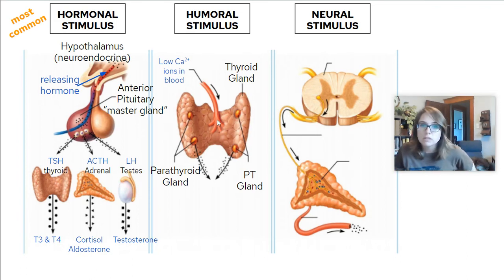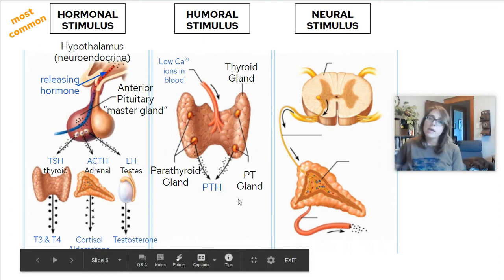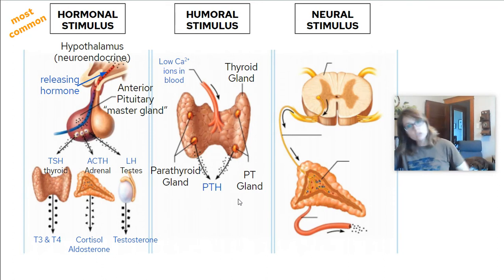So there's blood vessels feeding into these guys. And so as soon as they sense, oh, we have a drop in blood calcium, the parathyroid glands are going to release parathyroid hormone, PTH. And parathyroid hormone is going to increase my calcium in my bloodstream. And so it's a direct blood stimulates this gland to release its hormone. Okay? That one's pretty simple.